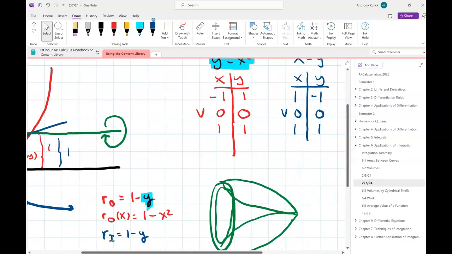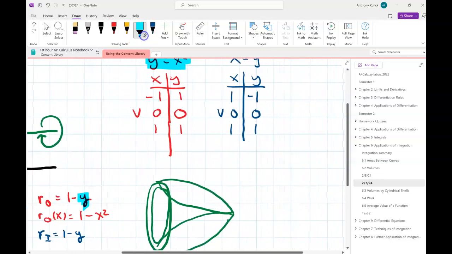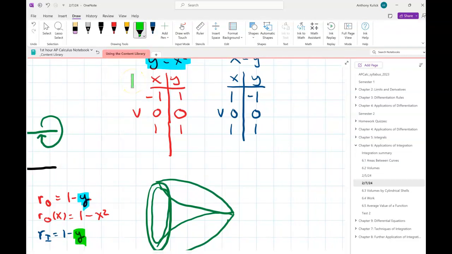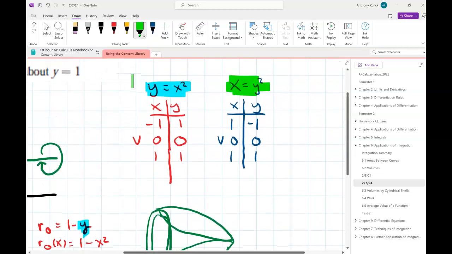Now we have a little bit of extra work to do this time because the y here, I have to do a little bit of work. What is y going to be, though, if x is equal to y squared? The square root of x, right?